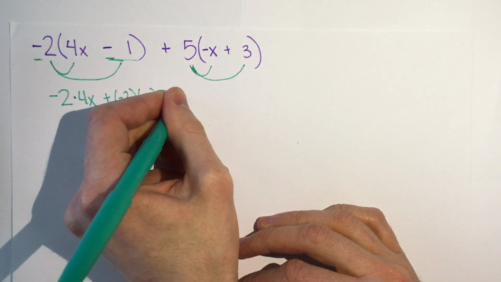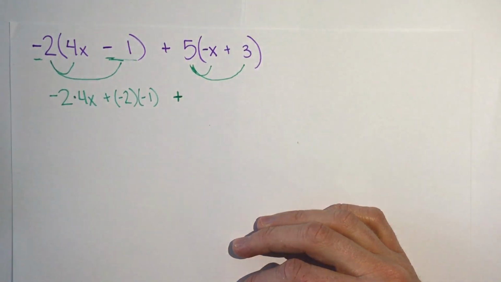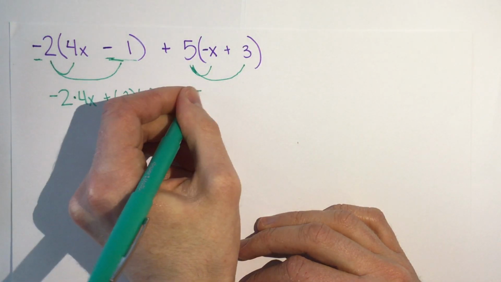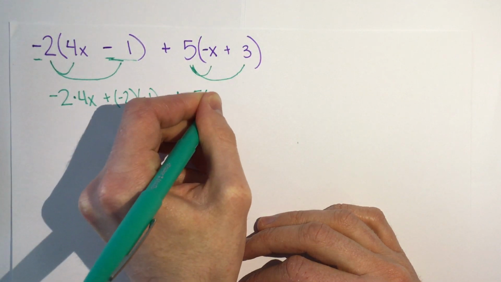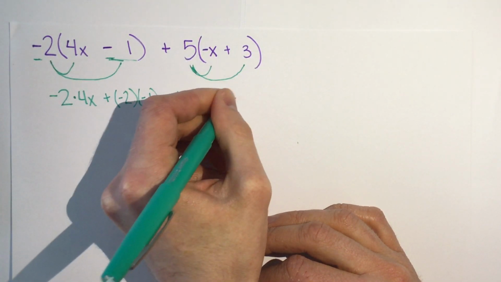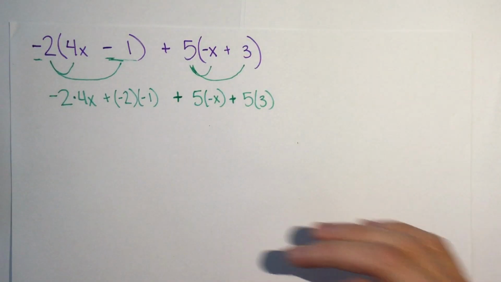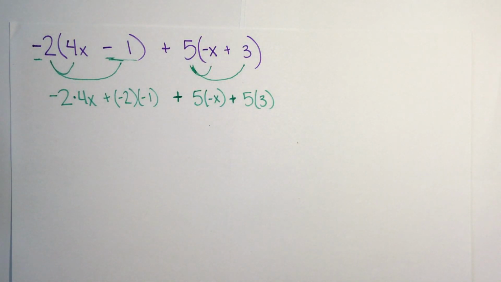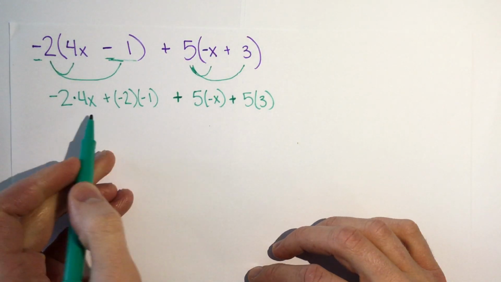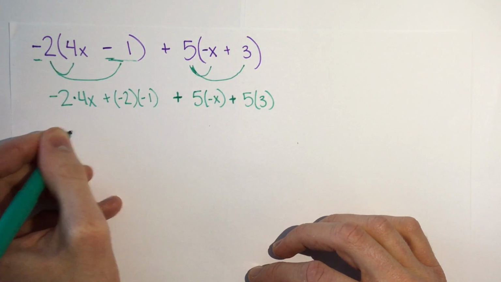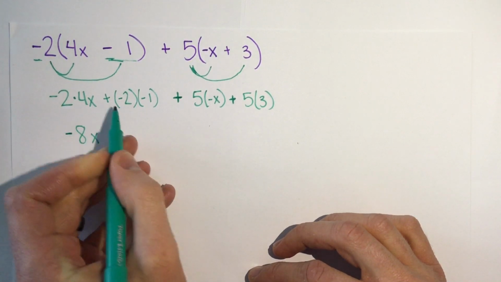And we have the other one, 5 times negative x and 5 times 3, so plus 5 times 3. If we do all of this multiplication, negative 2 times 4 is negative 8x.